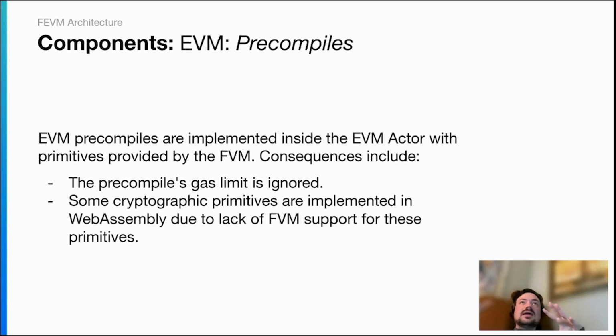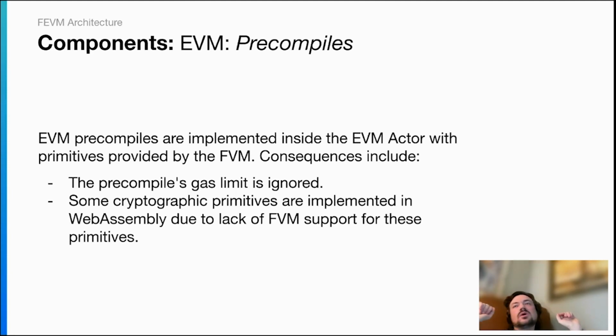Okay. Precompiles. The EVM has this concept of precompiles. The idea is that it's hard to implement certain operations in the EVM efficiently, or they're just really expensive operations. So the EVM really wanted these to be implemented in native code. The way we've done this is we've split it between truly native code and WASM code, because WASM is much faster than the EVM in general.